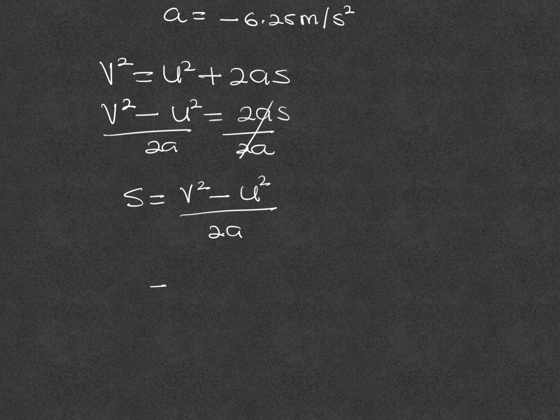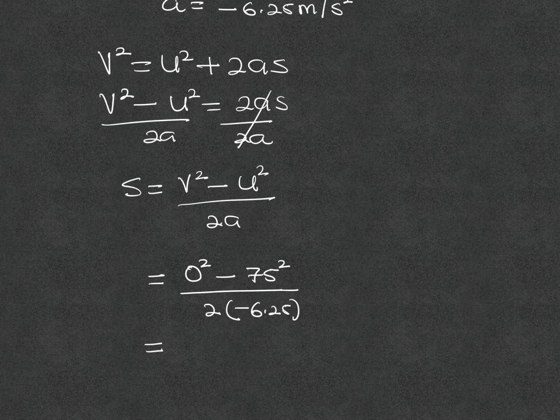So let's substitute the values. The final velocity is 0, so that will be 0 squared minus the initial velocity is 75 squared all over 2 into the acceleration is negative 6.25. It is a deceleration. All right.